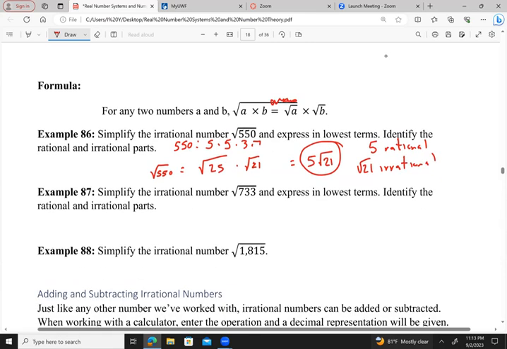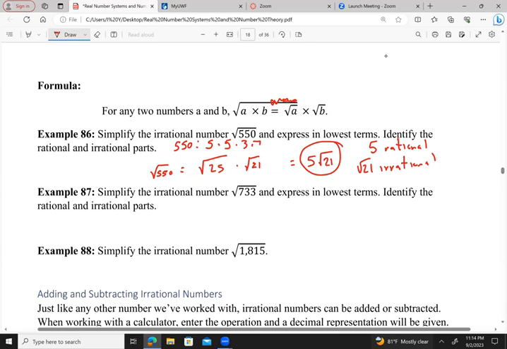Okay, so let's simplify the square root of 733. 2 doesn't divide it, 3 doesn't, 4 doesn't, 5 doesn't, 6 doesn't, 7 doesn't, 8, 9, 10. Nope. 13.